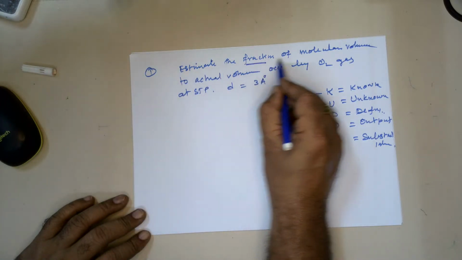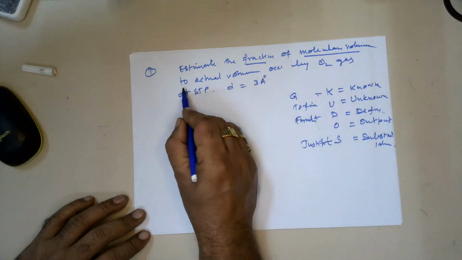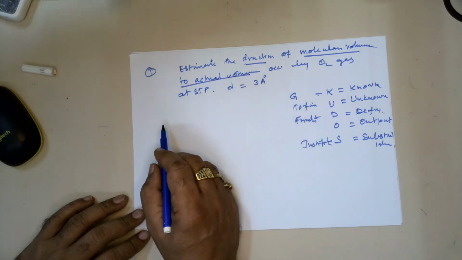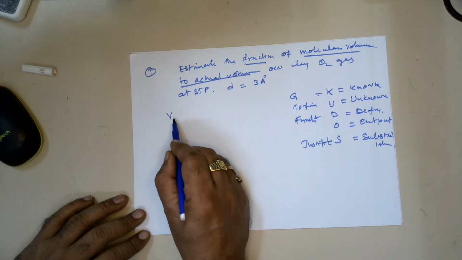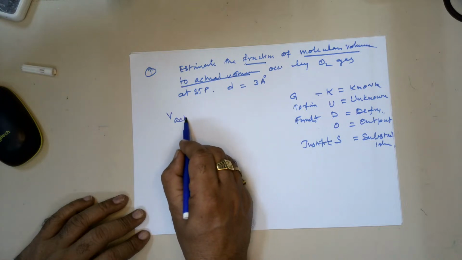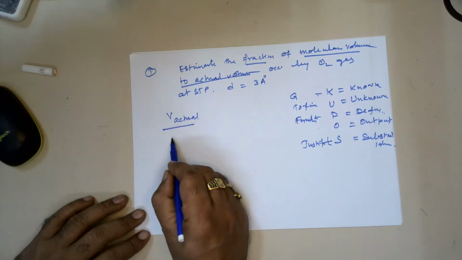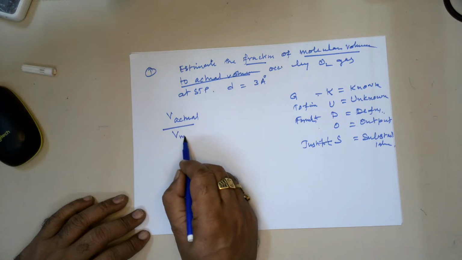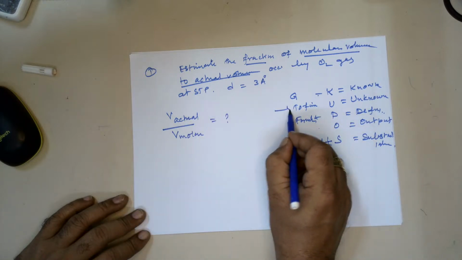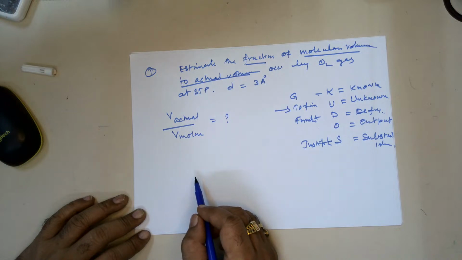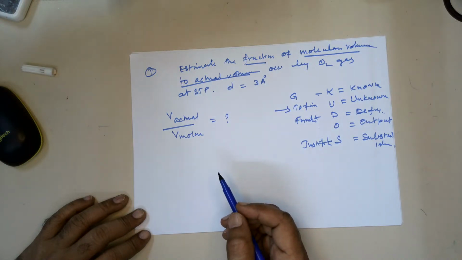Now, estimate the fraction of molecular volume to actual volume. It means that V actual divided by V molar is asked. This is to find out. And what is given here?